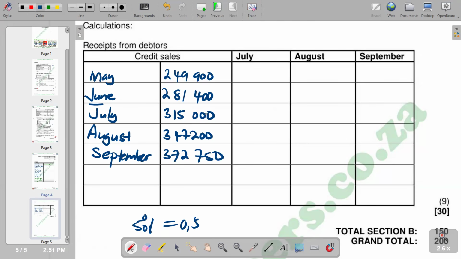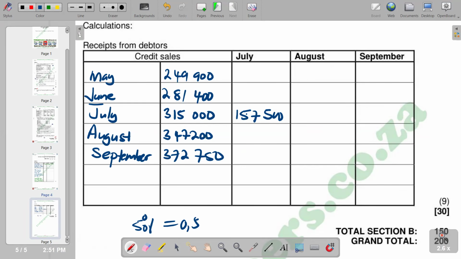It's 315,000 times 0.5. Then we put it in this column for July. The July credit sales being received in July is 50%, so 315,000 times 50% gives 157,500.